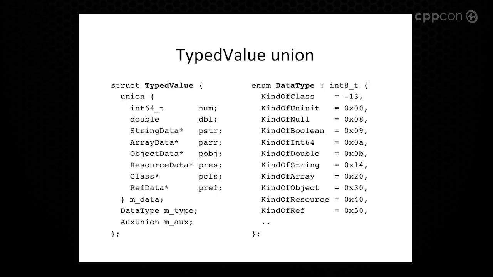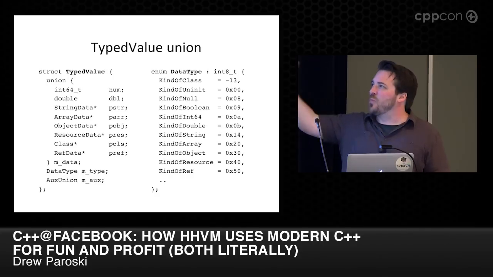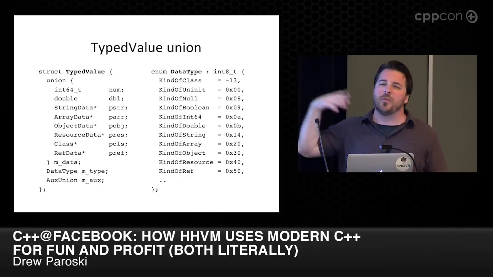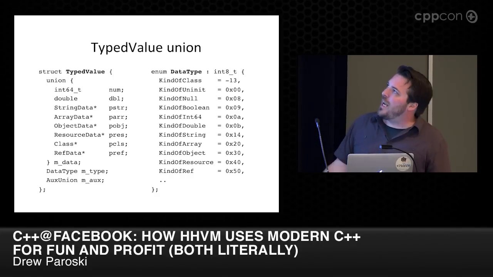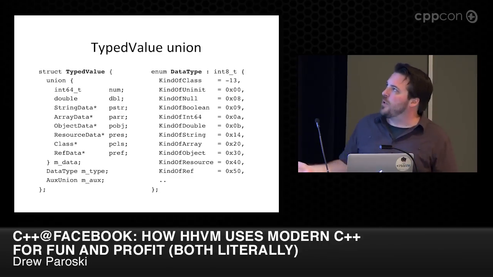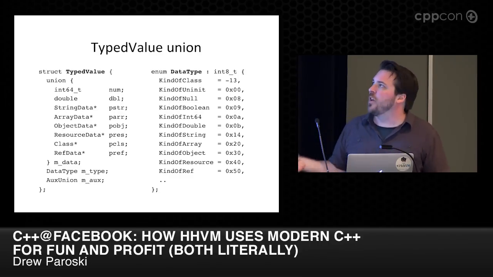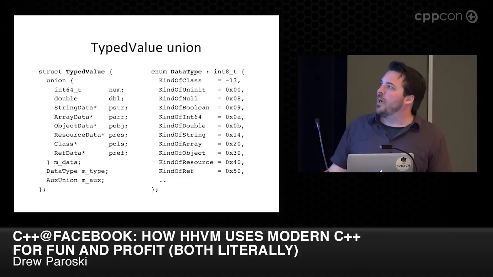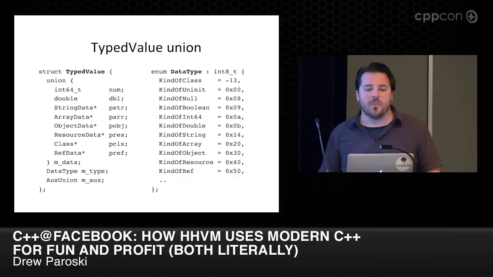So I mentioned dealing with dynamically typed values. PHP is a dynamically typed language. So TypedValue is kind of the workhorse when we need to talk about a value in a very generic way. It has a union that can represent all the different types. So we have C++'s 64-bit integer type, we have double precision floating point, and we have a bunch of different kinds of pointer types.